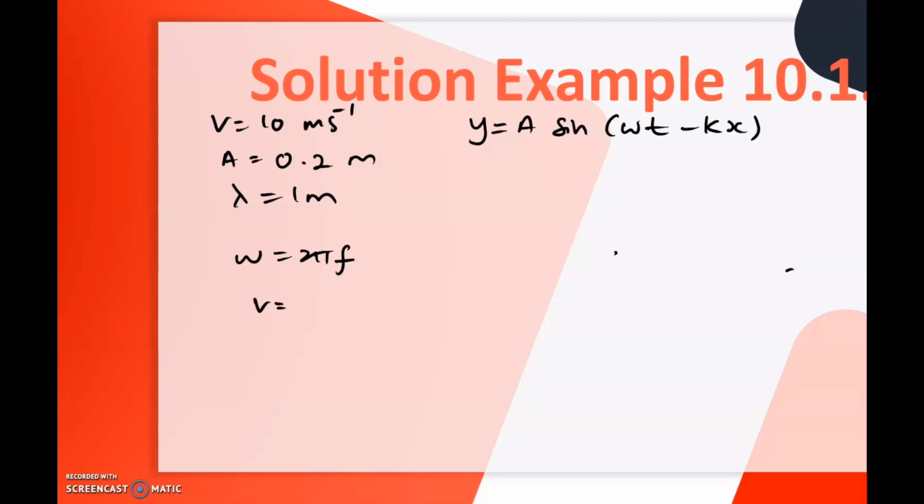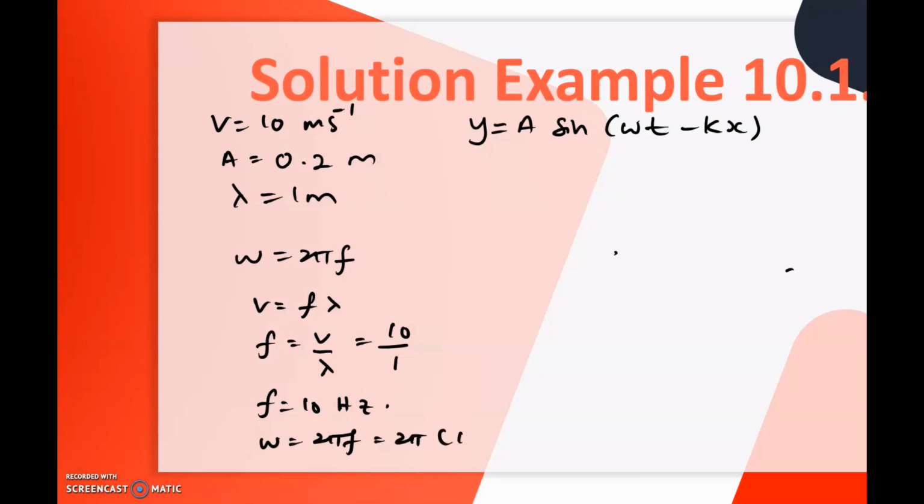We have v equal to f lambda, so f equal to v over lambda. Our v is 10 and our lambda is 1, so our f is 10 Hertz. So our angular frequency omega equal to 2 pi f, which is 2 pi times 10, so omega is 20 pi radians per second.